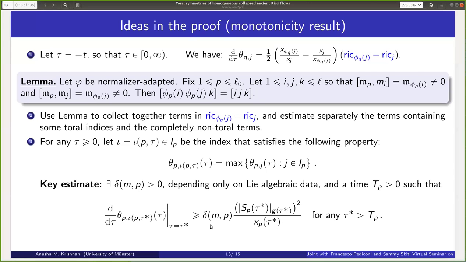Okay. And so this contradicts our part 1, which said that the norm of the S tensor goes to 0 as tau goes to infinity. Okay, so that concludes the proof.